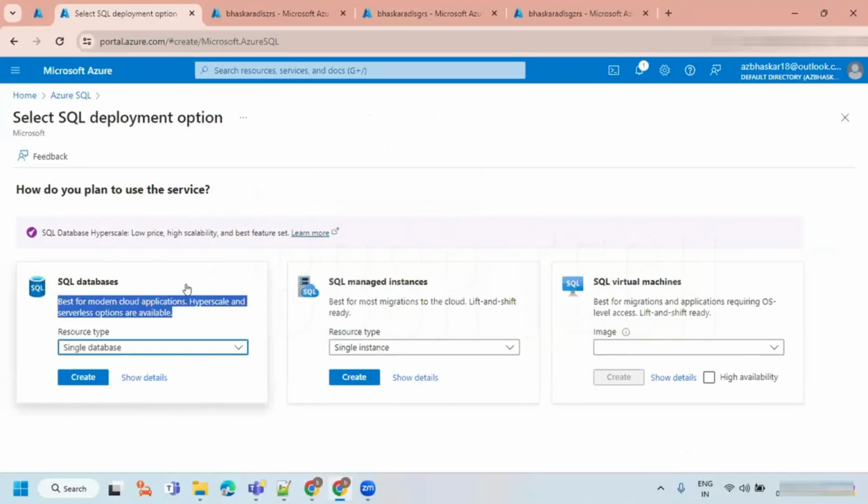So you get fixed compute power and fixed resources if you go for SQL databases. If you want to increase them, we are going to see how we can do that. For the time being, I'm just going to create a database.